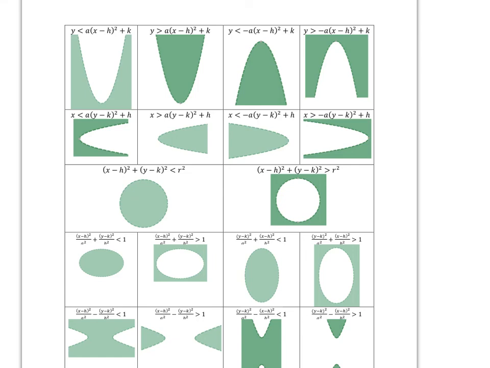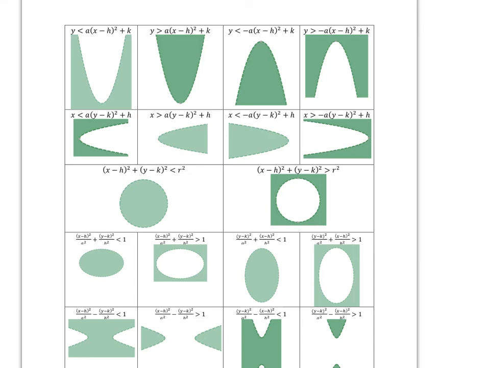Alright, moving on to the second row, we have some horizontal parabolas. So the way to remember these is less than means left. So in the first and the third picture, the symbol is less than and you shade to the left. When it's greater than, you shade to the right.